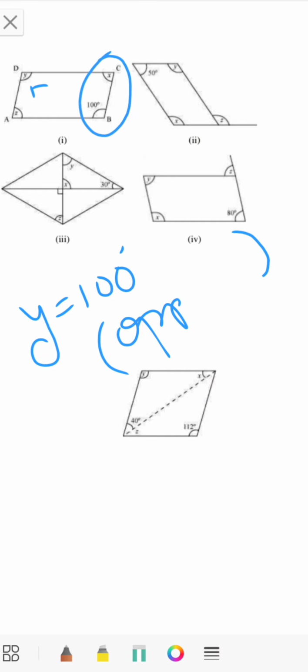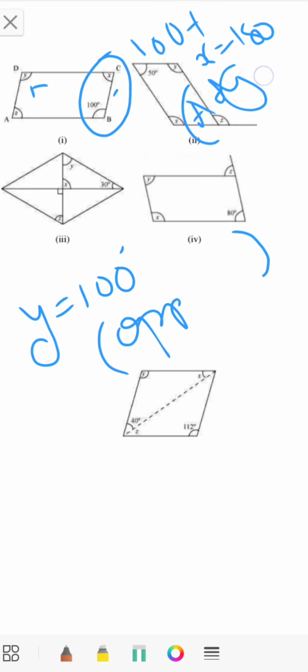That is, the addition of adjacent angles: 100 plus x is equal to 180 degrees. And in brackets you will mention that these are adjacent angles. You must mention the property. If you do not mention the property, you will not get full marks. Remember this statement.